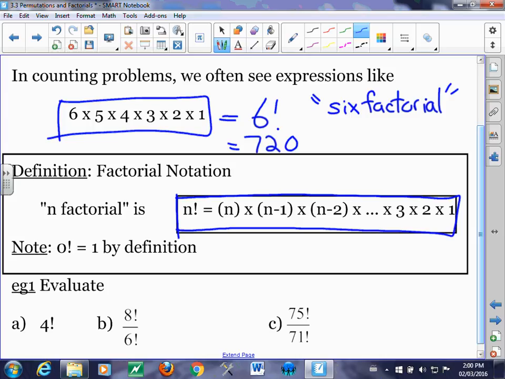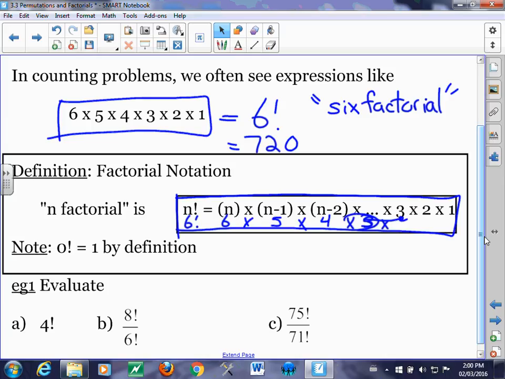So if it was, for example, 6 factorial, it would be 6 times n minus 1, which is 5, times n minus 2, which is 4, times n minus 3, which is 3, and then you'll get to 2, 1. So that kind of ties in here. It depends on your patterning. And please note that 0 factorial equals 1 by definition.